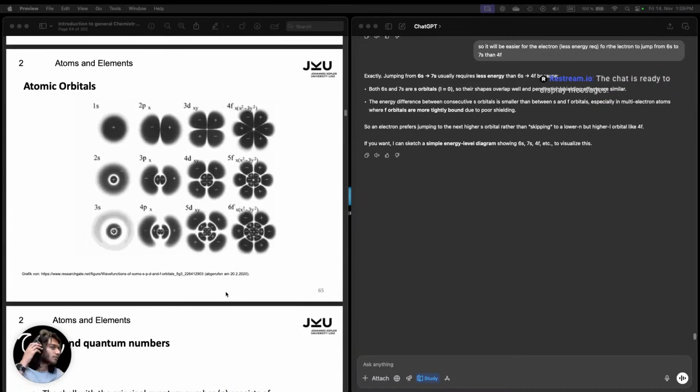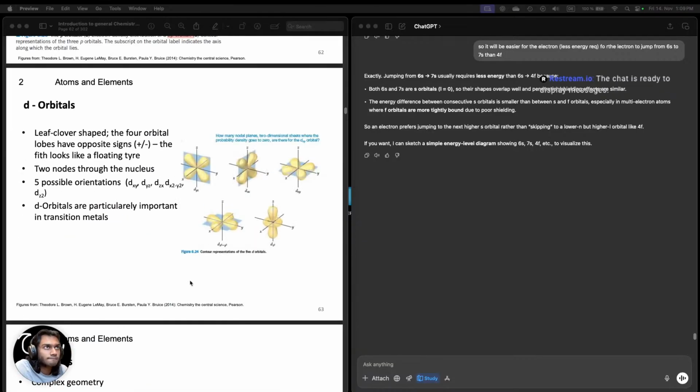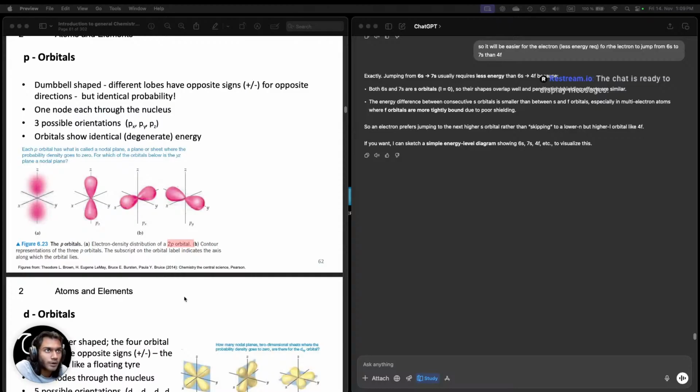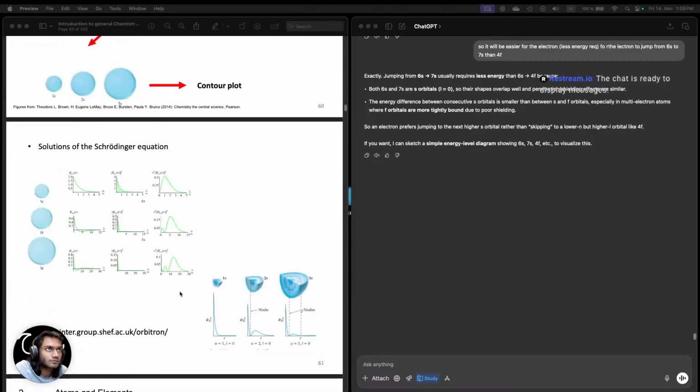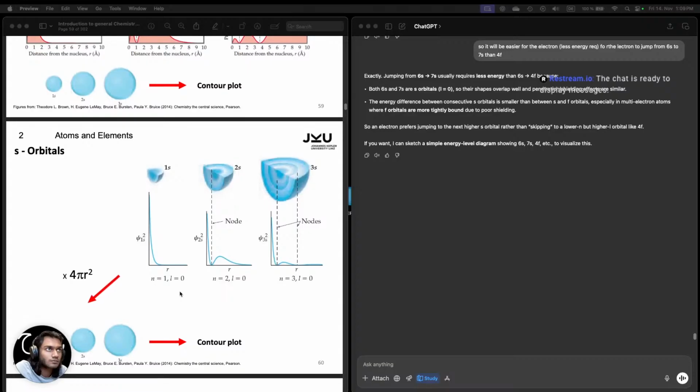Now my problem would be to write the SPDF orbitals on my own. What do I write? S orbital.